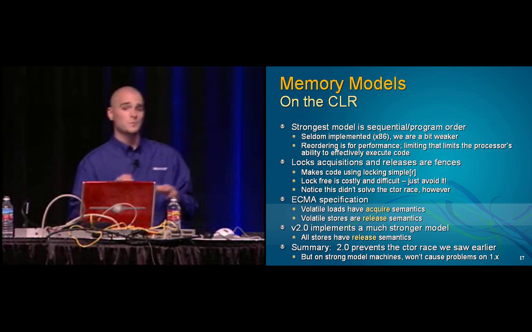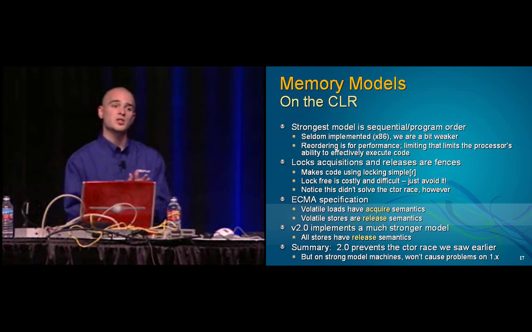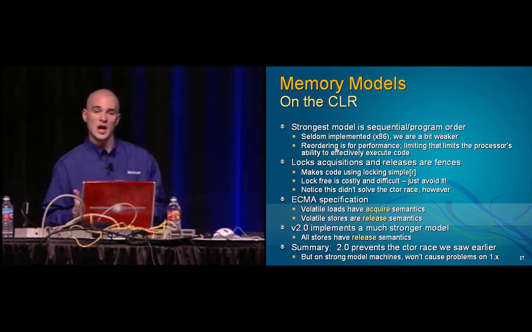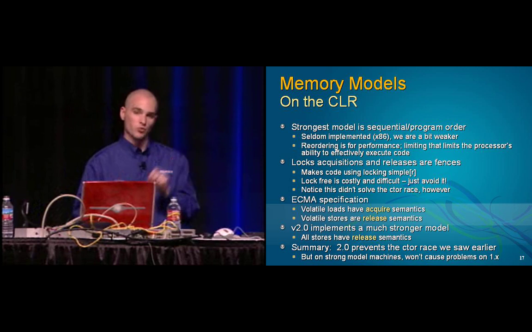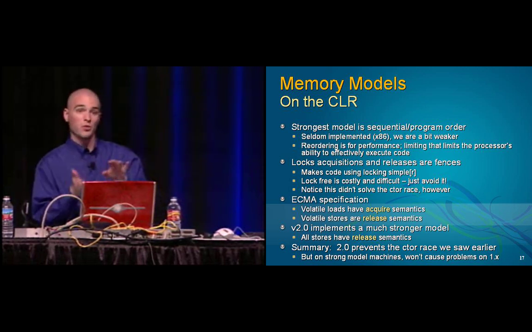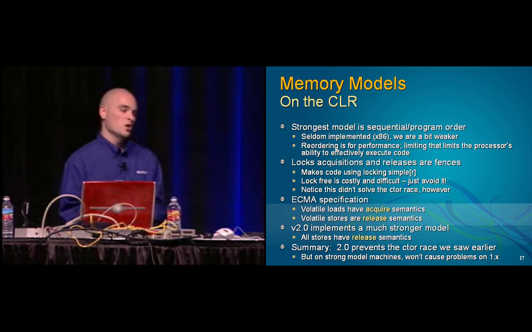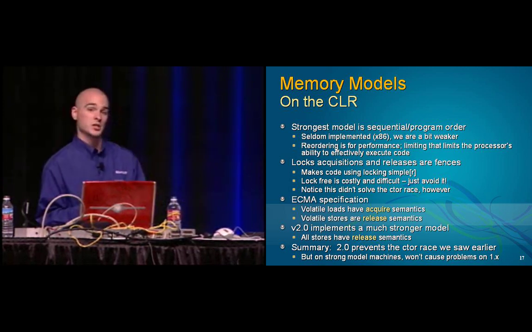In V2.0, we actually have extended this, primarily because we're executing on IA64. This is the 64-bit Itanium Intel architecture, which has a lot of flexibility in the way that instructions can get reordered. And by default, it will reorder both reads and writes quite a bit, whereas previous architectures like x86 and IA32 would actually not.